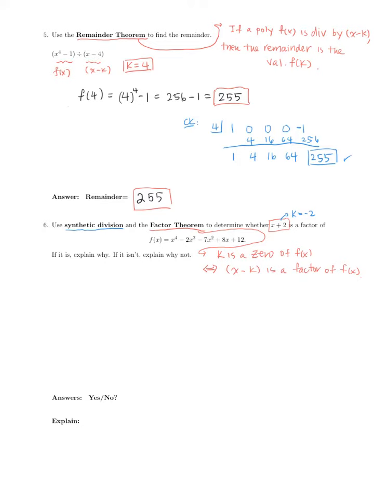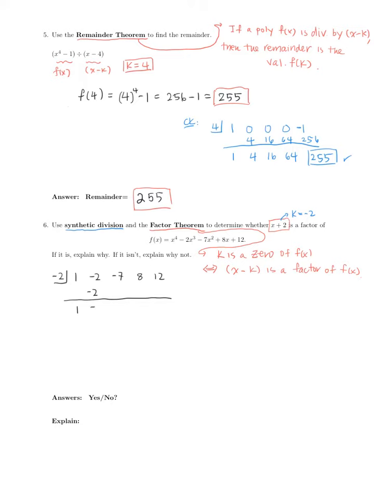All right, so here you're going to have negative 2. And I'm going to jot down all the coefficients. So you're going to have 1, negative 2. The coefficient on the x squared is negative 7. And then 8 and 12. None of the terms are missing, so we're good to go. All right, now I'm going to just drop down the 1. 1 times negative 2 is negative 2.